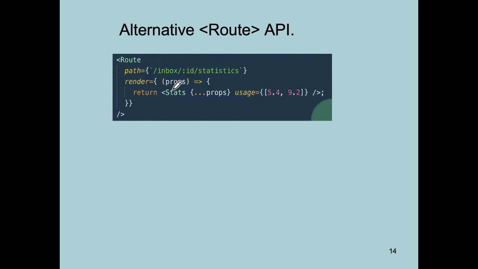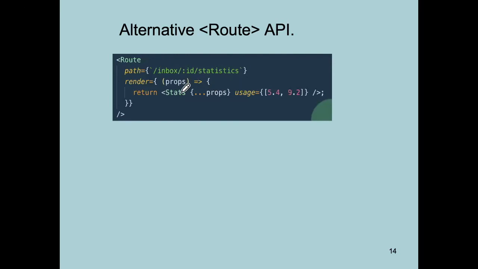In many cases, your custom component is not really interested in any of the props that were made available to the route component, but in some cases it may be. So all I'm doing here is taking the props and destructuring them, because props is an object. I'm spreading it out as key value pairs, and they are being passed down to my stats component should it need to use them.